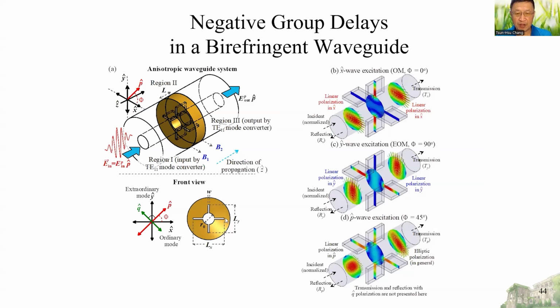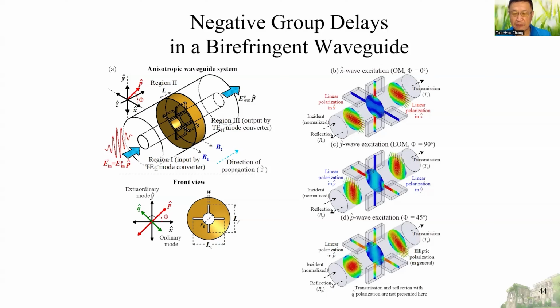Region 2 is slightly different. The central waveguide radius is the same as the input and output, but we have two extra slots. This provides a mechanism to change the polarization, so we can adjust the polarization of the middle section.